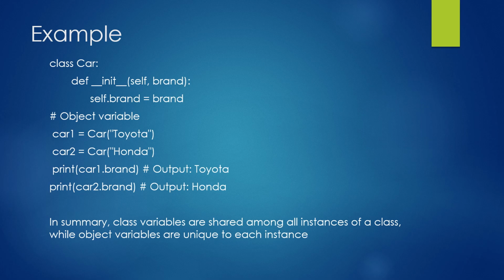So when we print car1 dot brand, we get Toyota, and car2 dot brand we get Honda. It means the brand name changes with different objects. In summary, class variables are shared among all instances of the class, as in the previous example we used wheels equals 4, while object variables are unique to each instance.